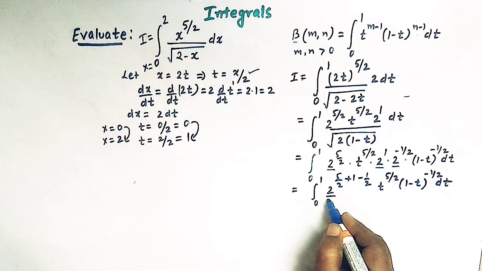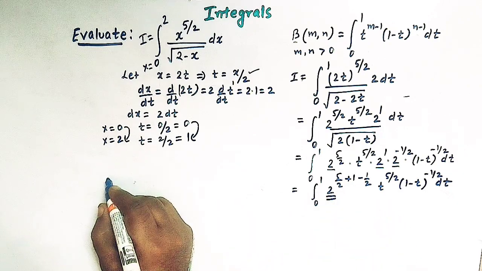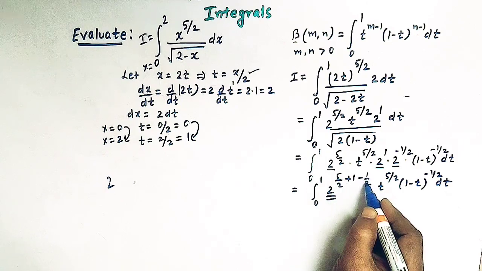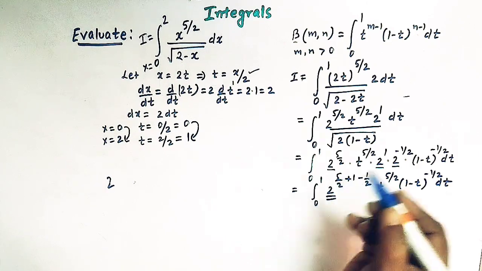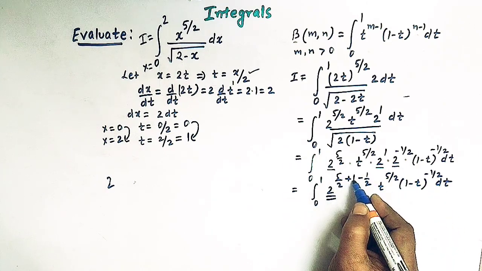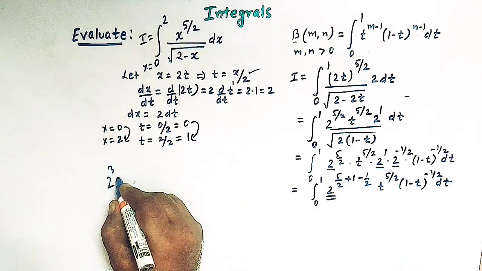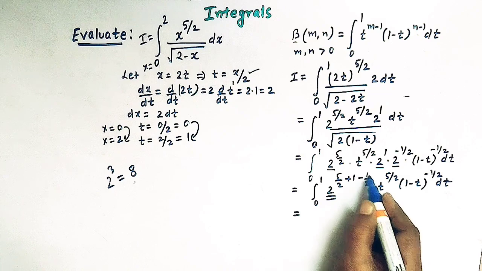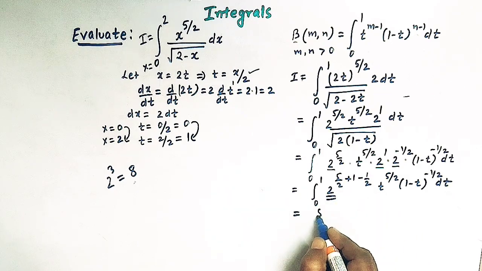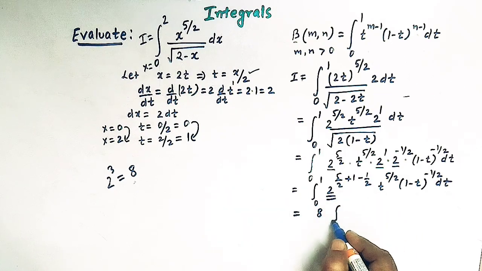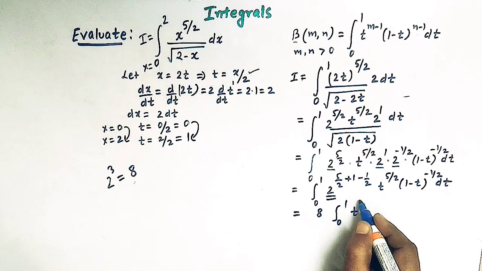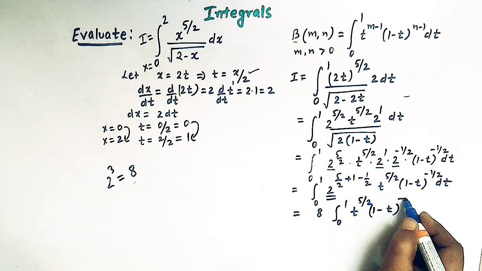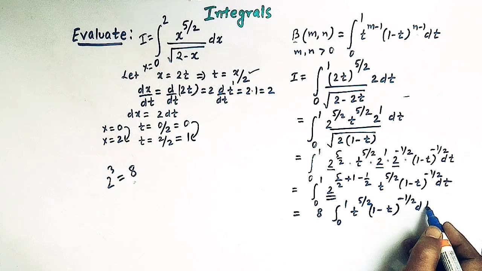Now simplifying this term, 5 over 2 minus half is 4 over 2, that is 2, and 2 plus 1 is 3. So we have 2 cube, that is equal to 8, right? And taking 8 outside the integral, we have 8 times integral 0 to 1 of t raised to 5 over 2 and 1 minus t raised to minus half and dt.